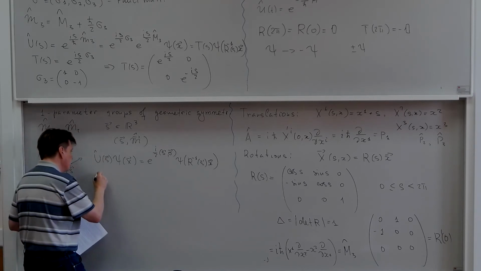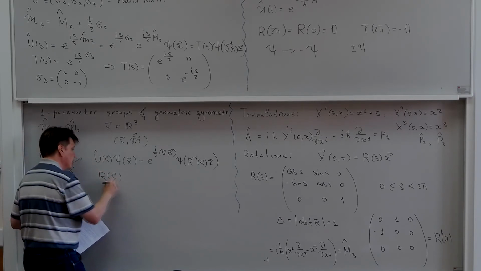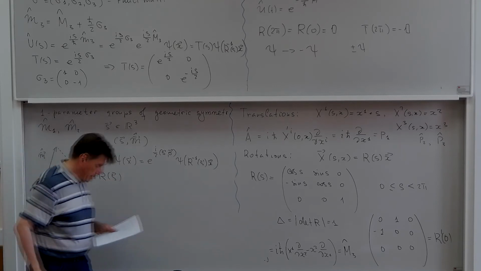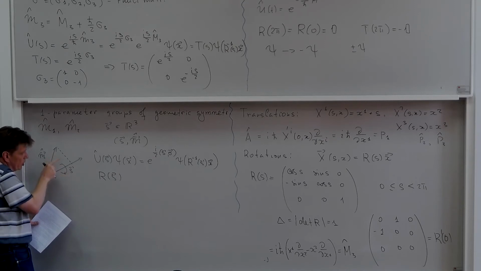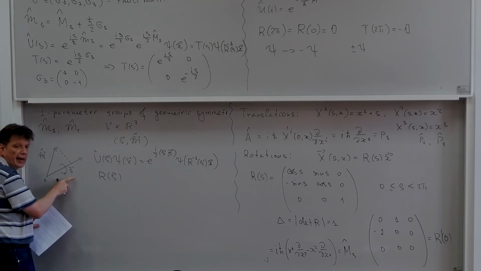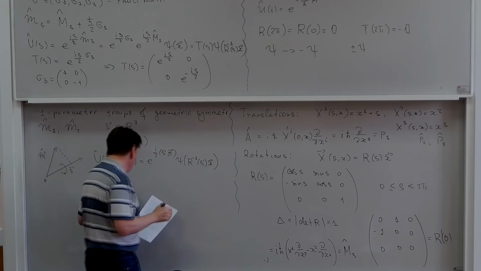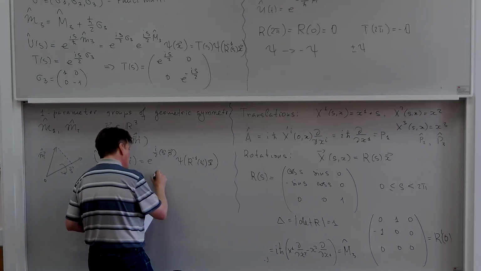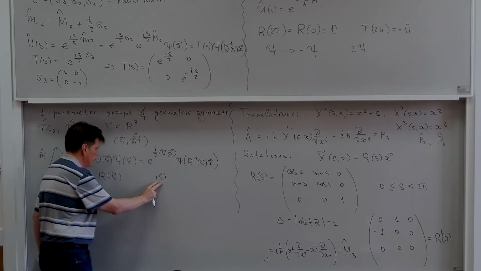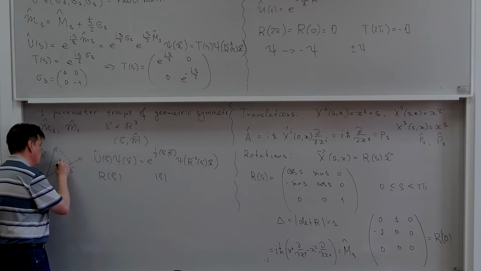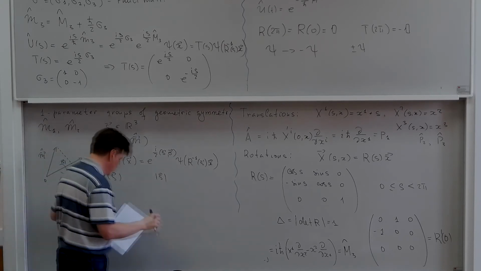So here R of S is a matrix of the clockwise rotation about the vector S through the angle given by the length of the vector S. So the angle is given by the modulus of the vector S. Okay.